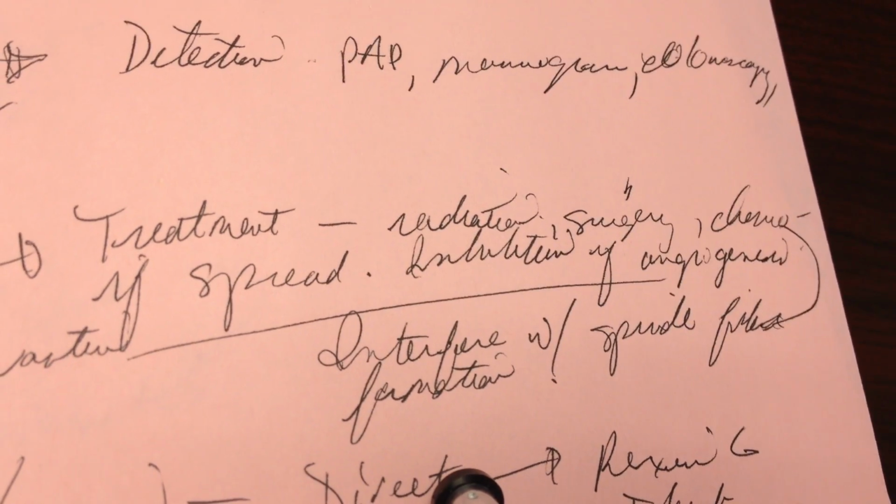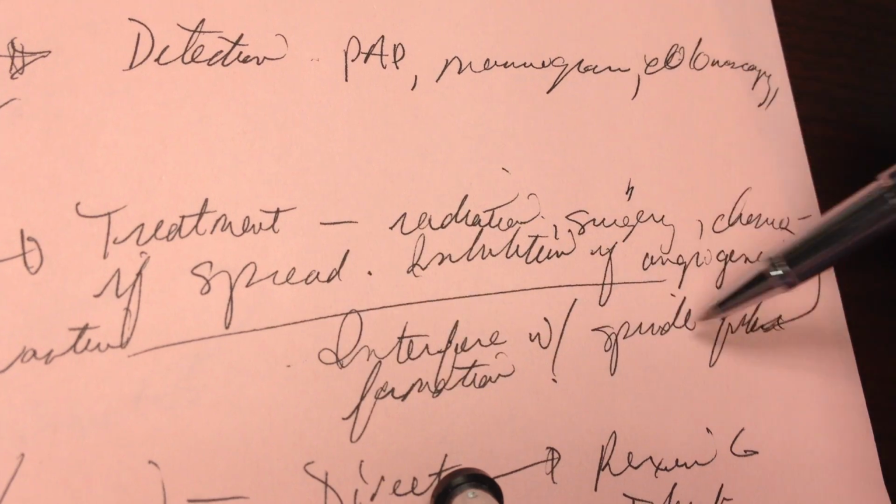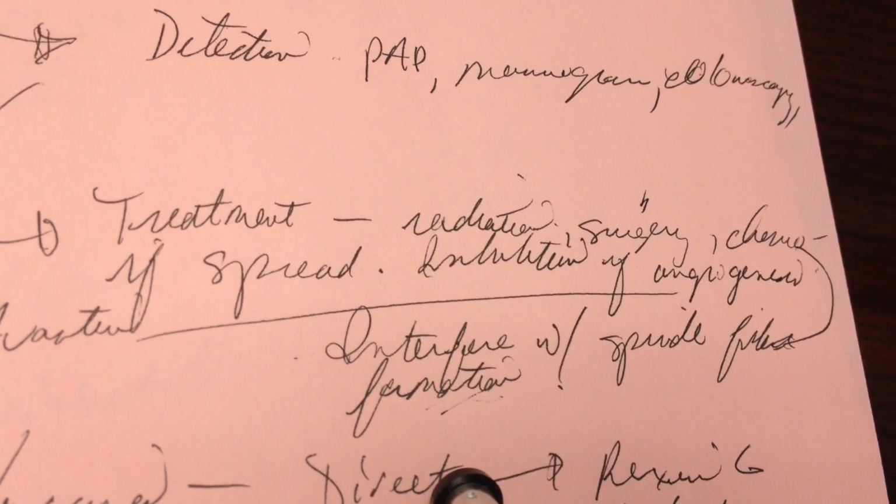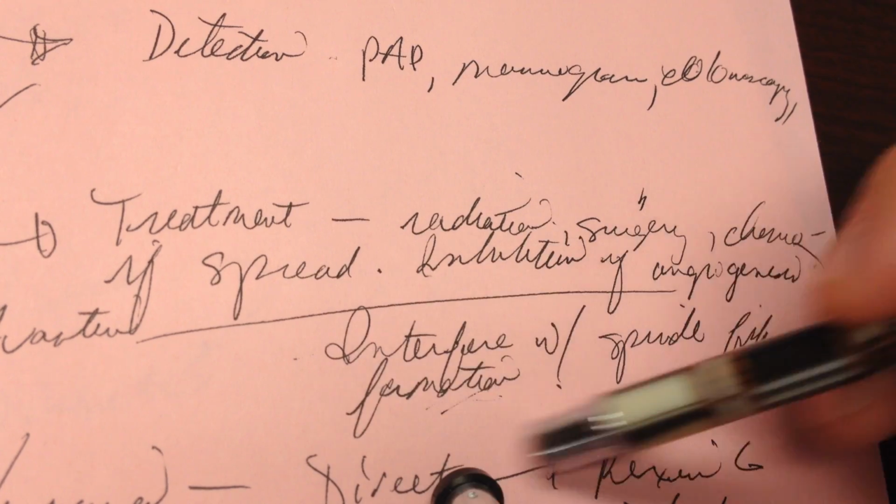Most of them, you see this sentence right here, interfere with spindle fiber formation. They work by essentially interfering with the spindle fibers, which we know are cellular structures that maintain the integrity of the cell. They're also responsible for moving organelles around and for moving chromosomes around during cell division. So they interfere with the spindle fiber formations.